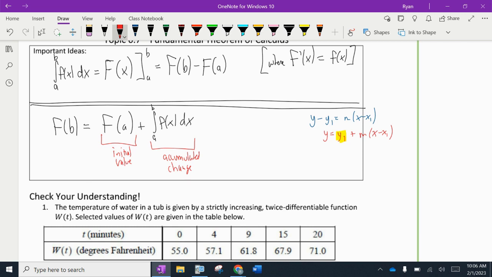And that's kind of what this is all dealing with as well. It's the change in position. The slope times x minus x1 is the change in position. So if I told you where you started, and I told you what you changed by, then what do you think this is going to represent? The final value. It's where you're ending at.